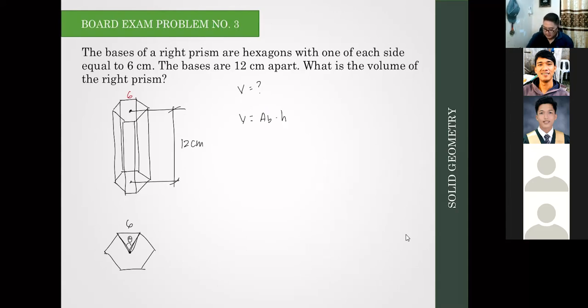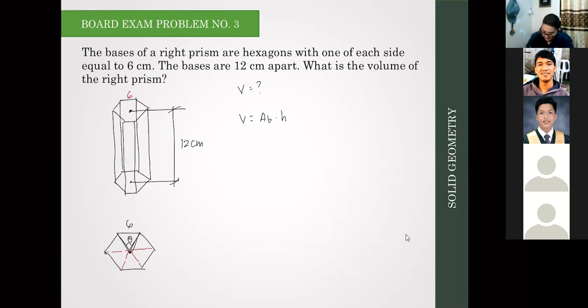And yung side na to, makakapag-create tayo dito ng anong klaseng triangle. So, let's check. Check natin yung theta, yung central angle ng bawat shape natin kasi makapag-create tayo ng maliliit na triangle, di ba? Para ma-simplify yung area ng hexagon.